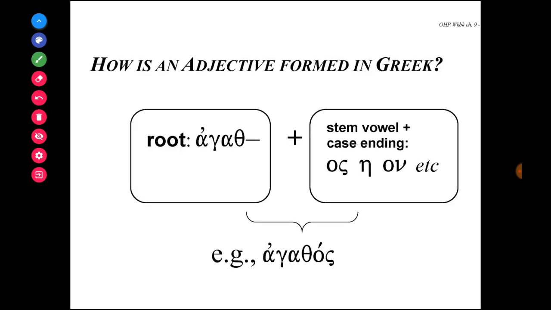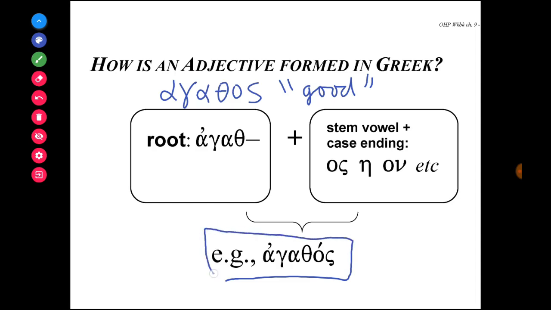So how are adjectives formed in Greek? You take the stem or root of the adjective. In this case, we're going to be looking at a very common adjective, agathos, which means good. Here is the same word typed out. So this is the stem or the root, and so we're used to seeing something like this with nouns.